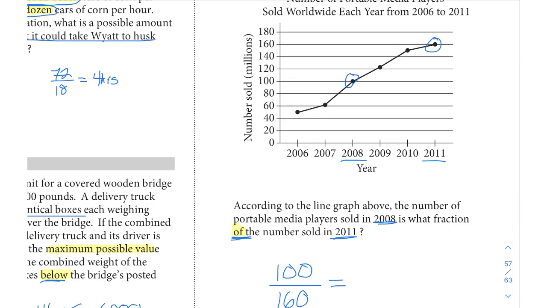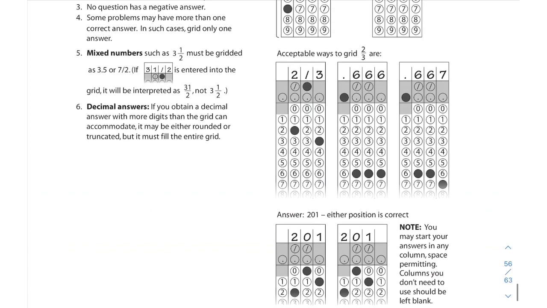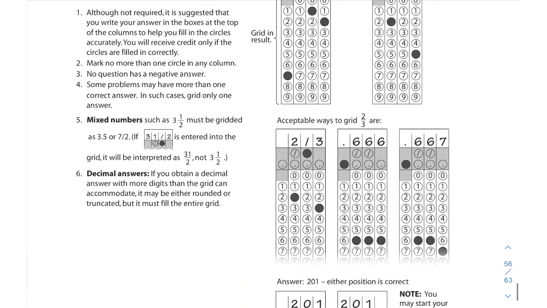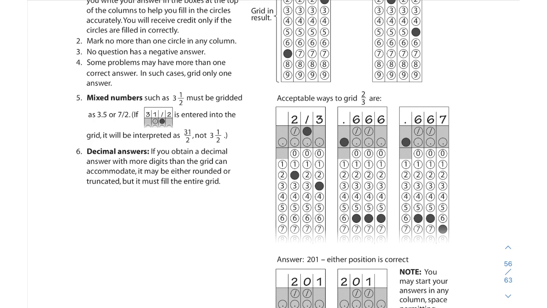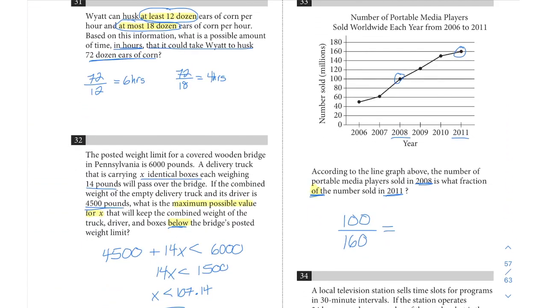Now, if you were to try to grid that in, then what you'll notice is that that's not going to work, because as we see in the sample instructions above, which you should get very comfortable with even prior to the test, you only have these 4 spots. And yes, you can grid in fractions or decimal values, but there's only a total of 4 spaces available. And if you try to grid in 100 with a slash and then 160, that would be a total of 7 spaces required.